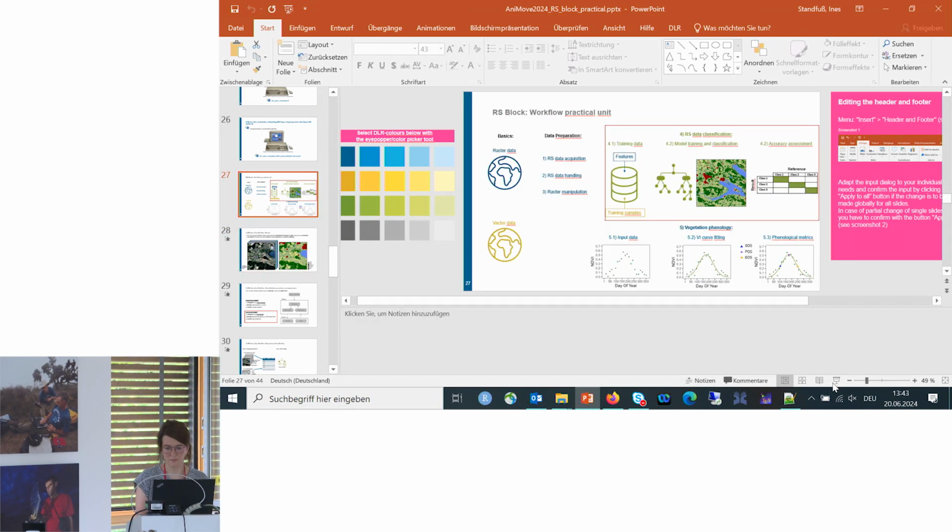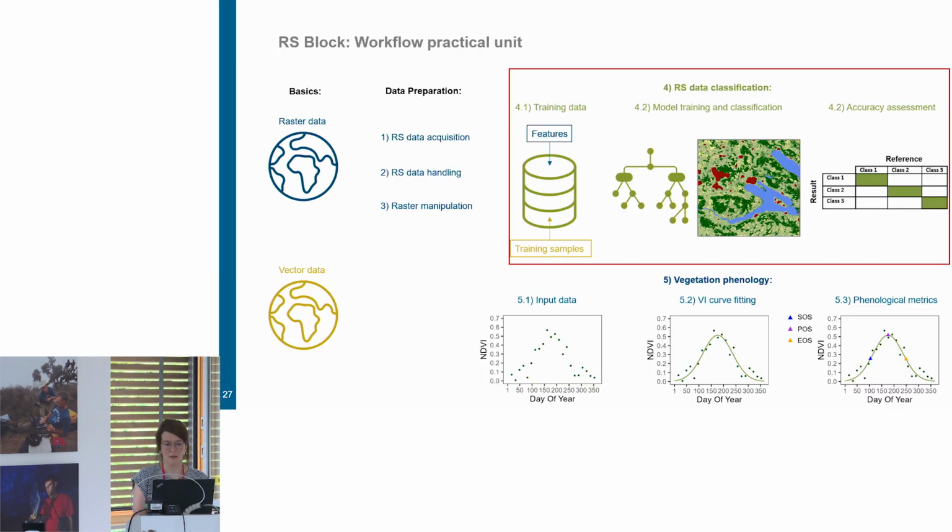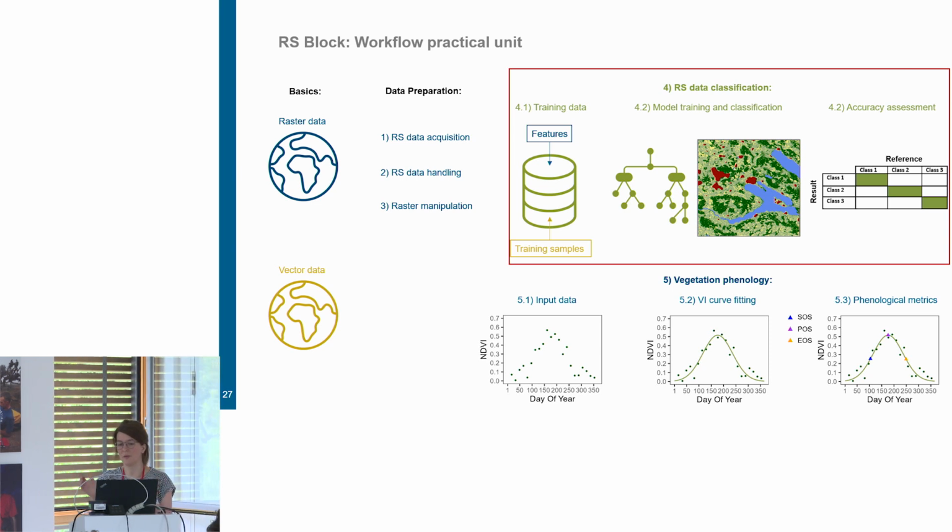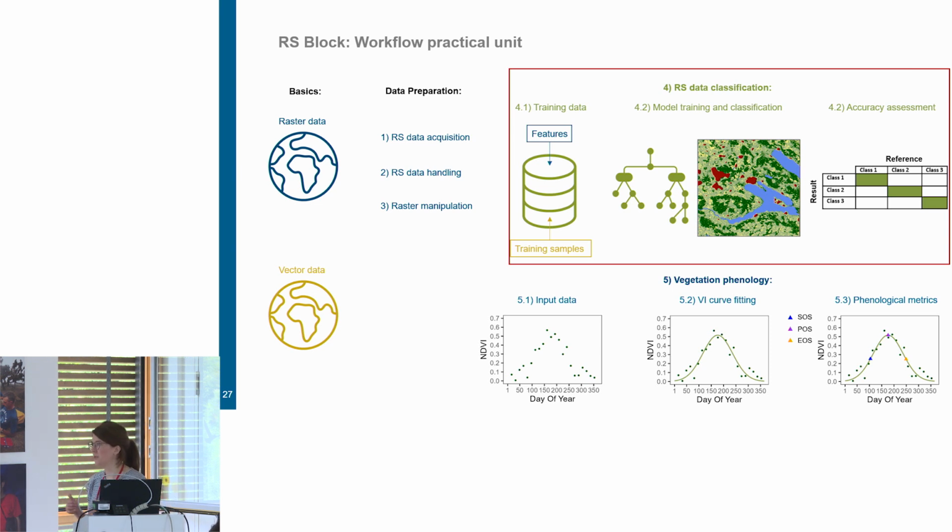So basically, I would go into raster manipulation because I think this is most interesting for you guys, but I also prepared how we can use all that information from the manipulated raster and from the stack we created in the first script or in the second script to do a classification and then to do an accuracy assessment, model training, etc. And the last part I prepared is on vegetation phenology.